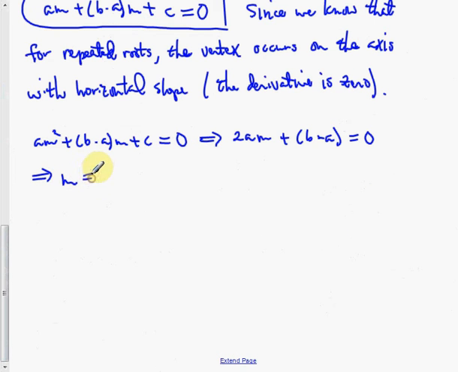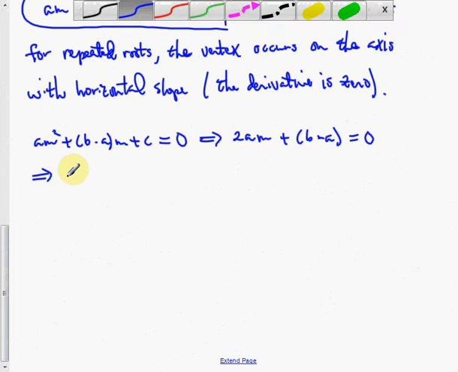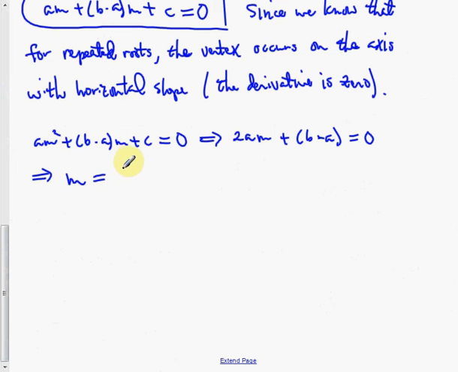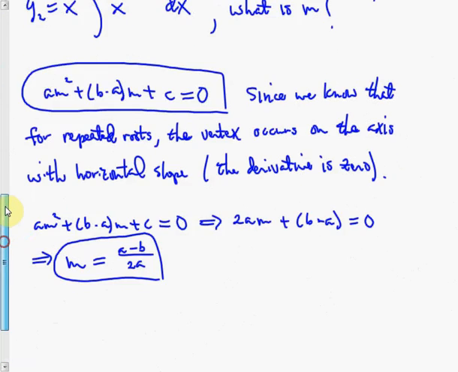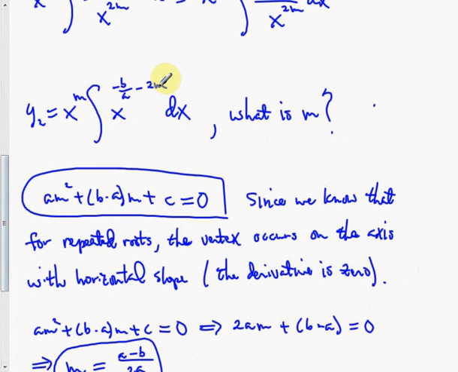I get m is equal to minus parentheses b minus a, all over 2a. So that becomes a minus b all over 2a. Just take that term and replace it for this m up here.